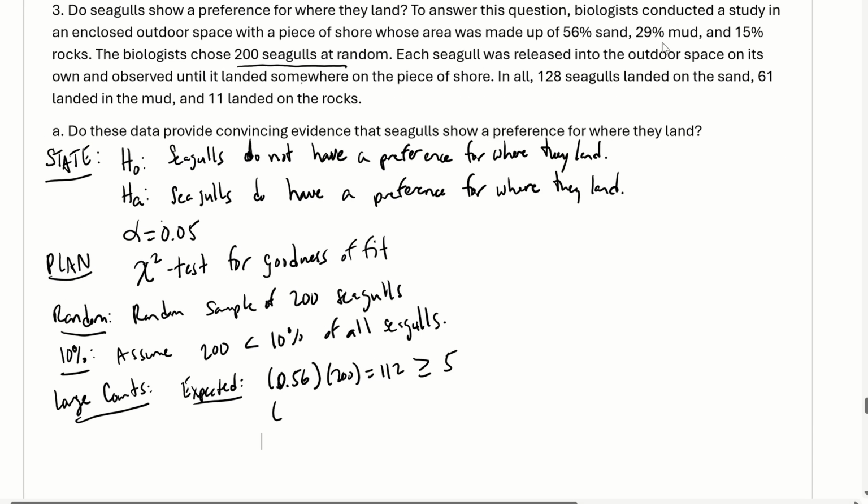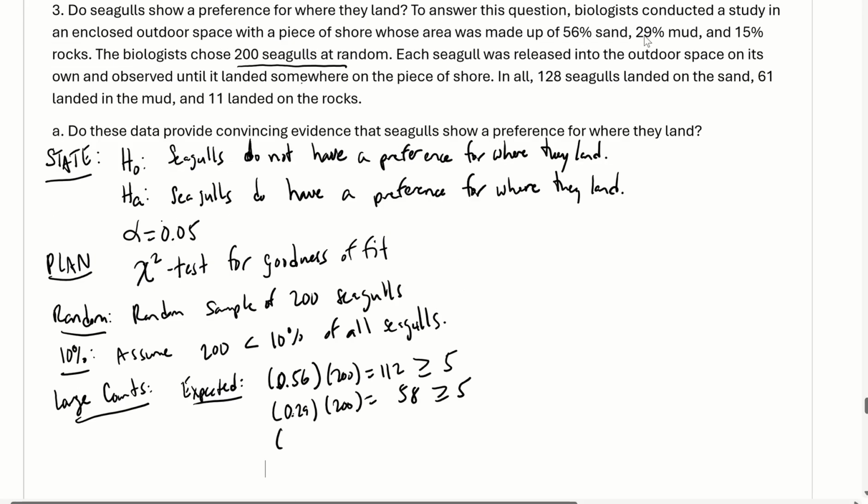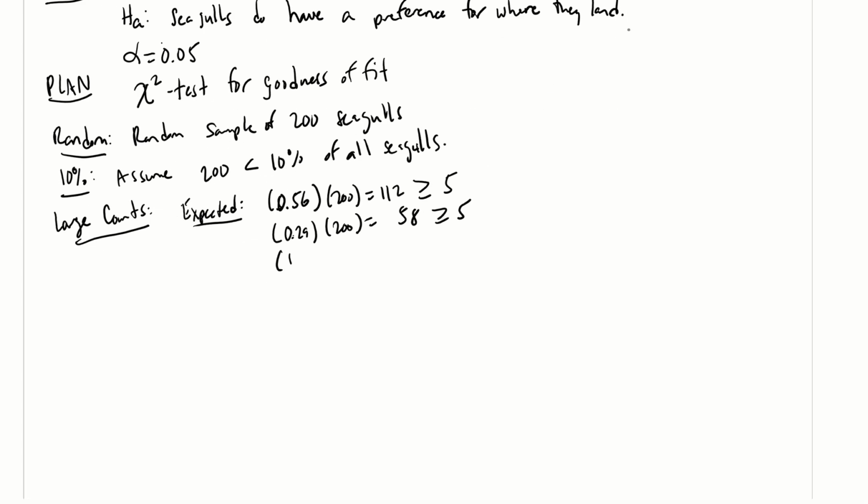The other one was 29% mud. That's 58, which is greater than or equal to 5. And then the last one is 15% rocks. That should be 30, which is greater than or equal to 5. So all the expected counts are greater than 5. So check, okay? We're good with that.